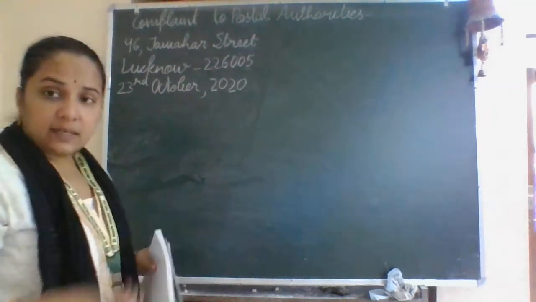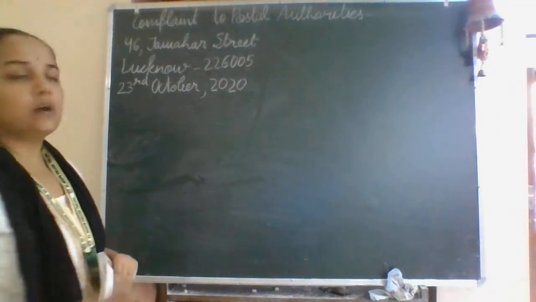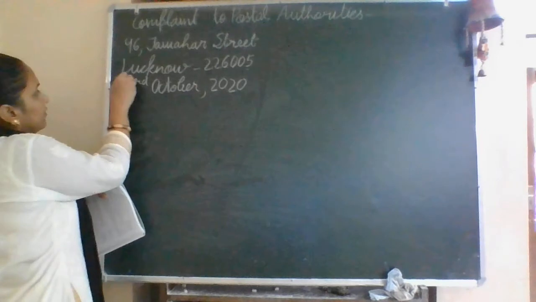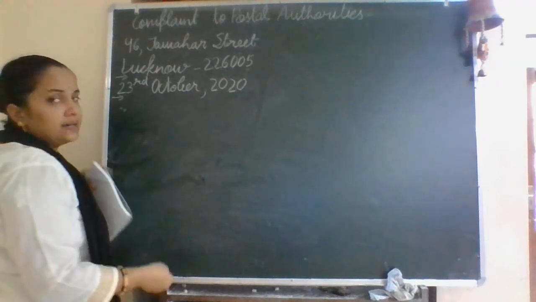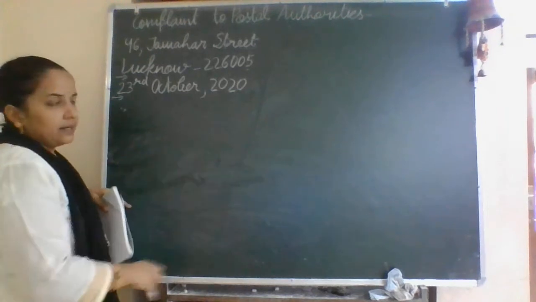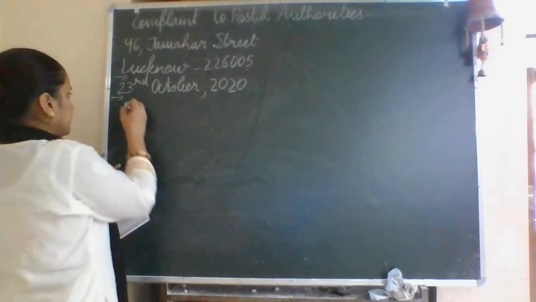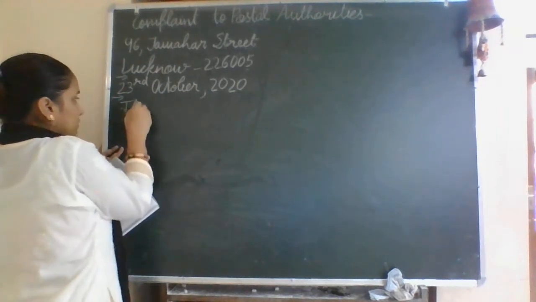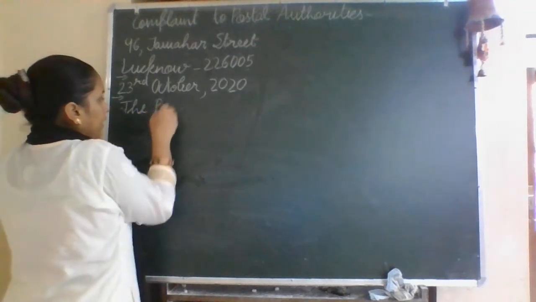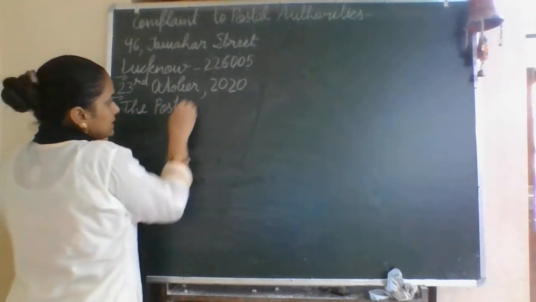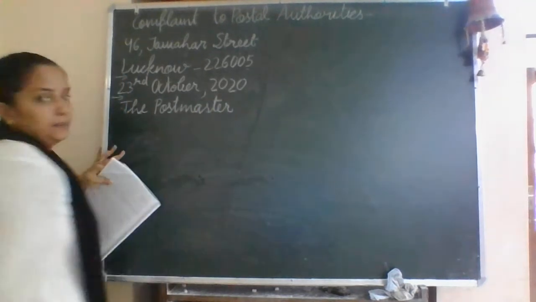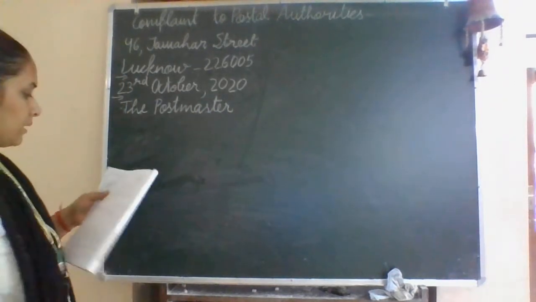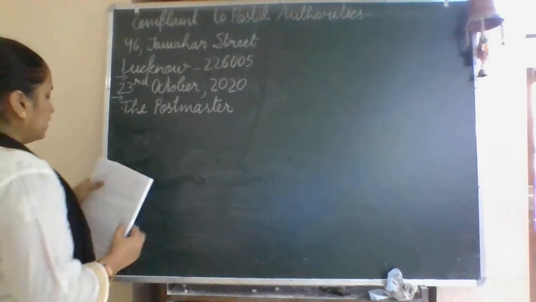Now, the designation of the person to whom we are writing the letter. And here we will leave the space. I'm not leaving much space so that I can cover the whole letter and I need not erase the things. Then the designation, the postmaster. After this, head post office.